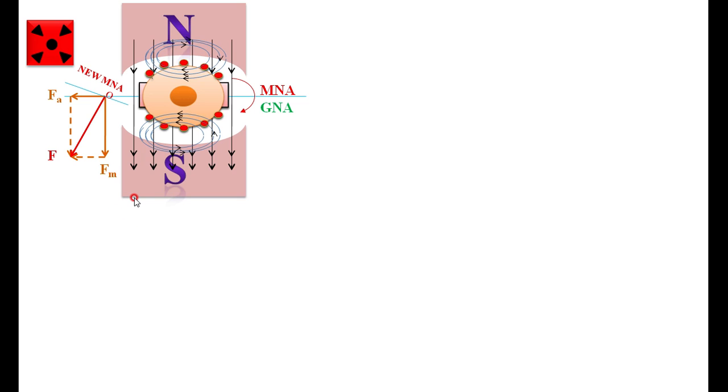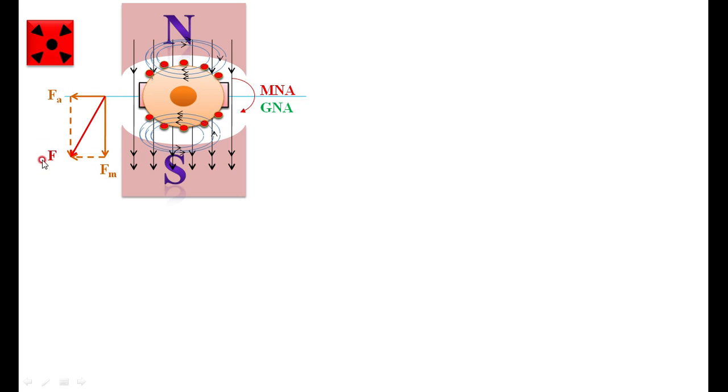I told you that the magnetic neutral axis is always perpendicular to the flux. Now, the flux is no longer acting straight down as Fm; it is acting at some angle, changing its direction a little, and its magnitude also changes, because the resultant flux is the vector sum of Fa and Fm.